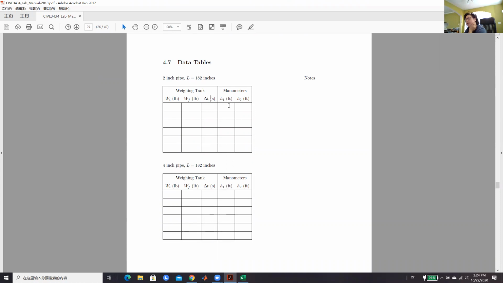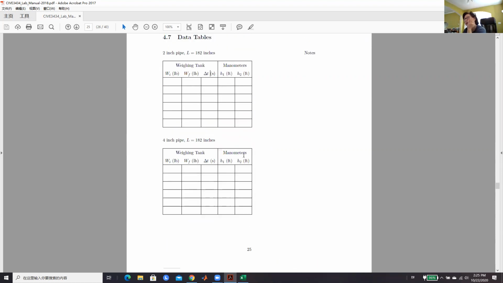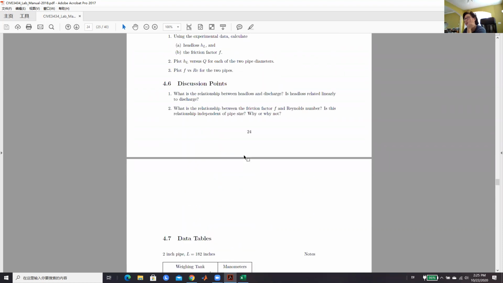But when I give you the data, it could be in another unit, because in the lab the unit on the manometer is millimeter. So I could probably give you H1 and H2, which are the surface elevations on the right side and the left side of the U-tube manometer. So the unit could be in millimeter, and I think that's pretty much it for today.